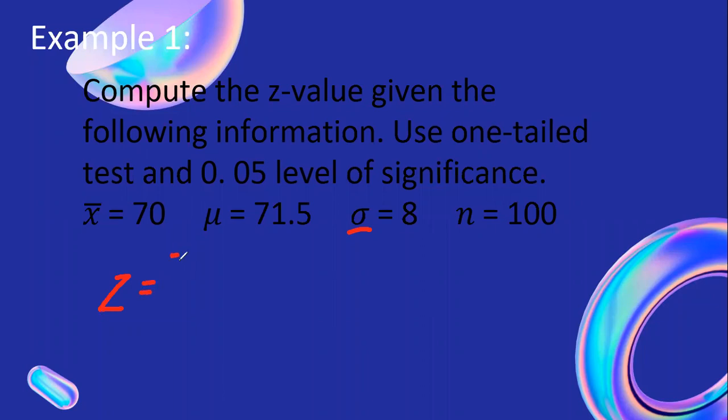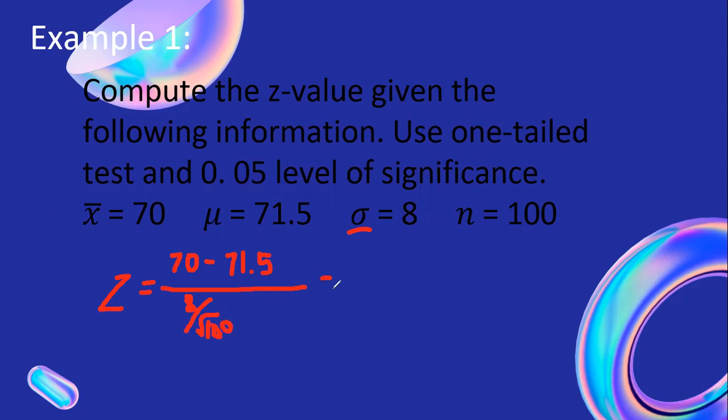So, to solve that, substitute the given values for the sample mean, which is 70, minus the population mean, which is 71.5, divided by the population standard deviation, which is 8, over the square root of 100.